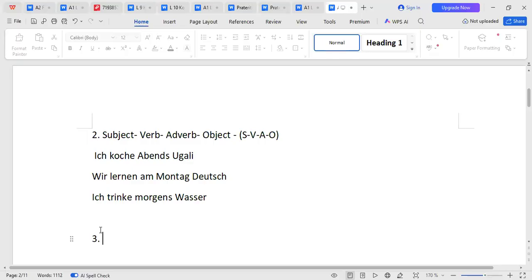The adverb starts the sentence. That is another sentence structure. We have three sentence structures.